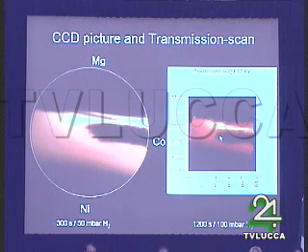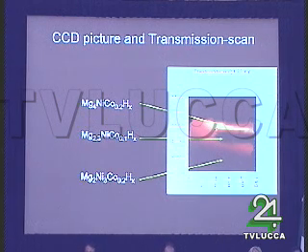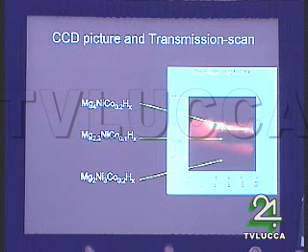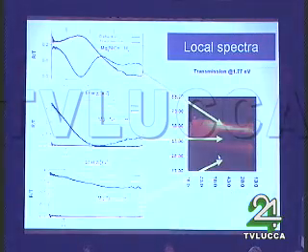Now, the advantage of this scanning technique is that we can look very carefully at the optical properties at specific points, and I'll just take 3 here to show you the differences.